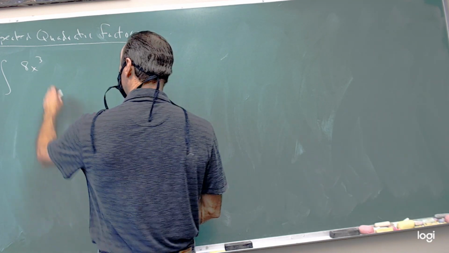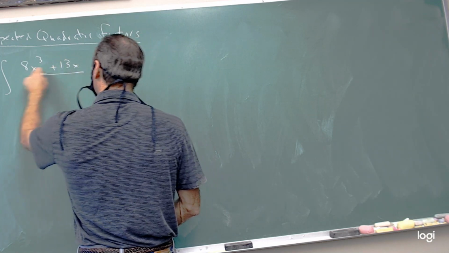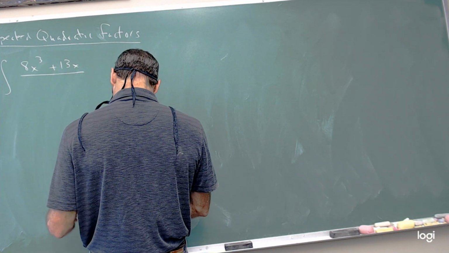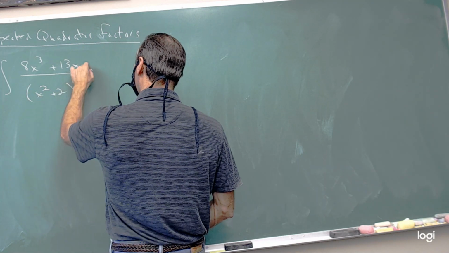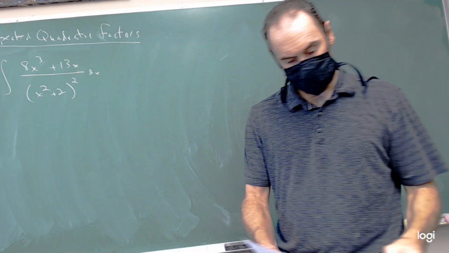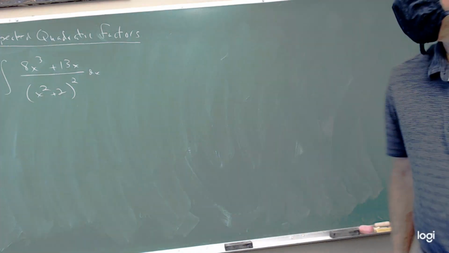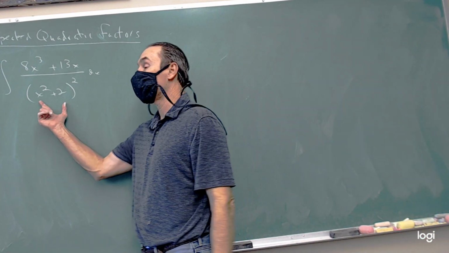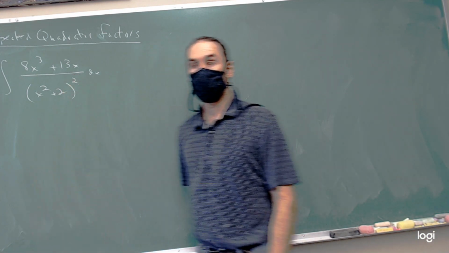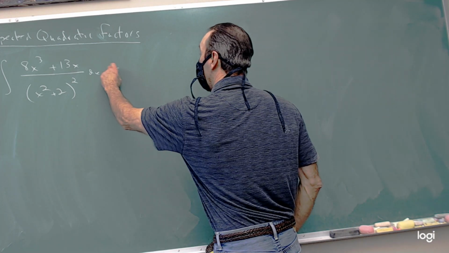I think that's 13x, all over x squared plus 2 squared dx. So we have an irreducible quadratic to the second power. So remember how we do this?